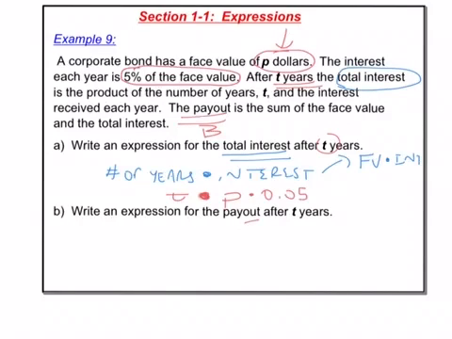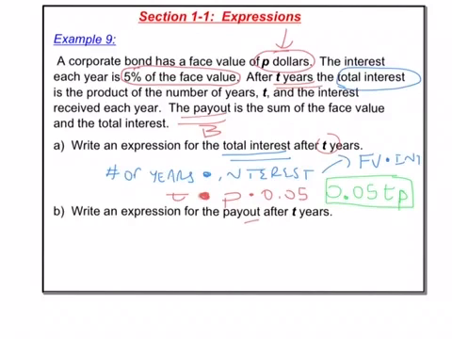And typically you're not going to leave your final answer like that. We actually don't even need all those multiplication signs. Our final answer, and usually we write the numerical value in the front, is 0.05 times T times P. And it doesn't matter what order you put those variables in, but that's 5% multiplied by the time multiplied by P dollars, which was the face value.